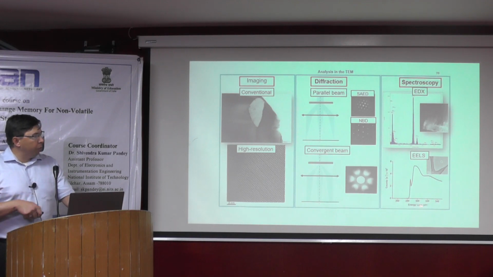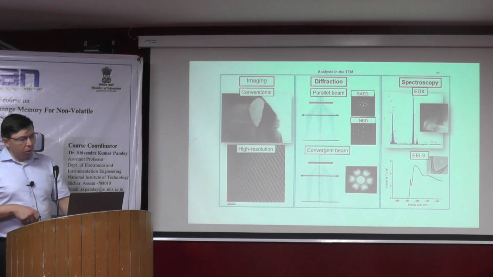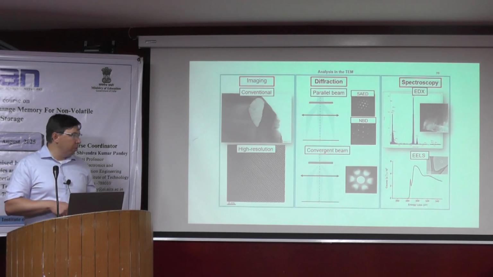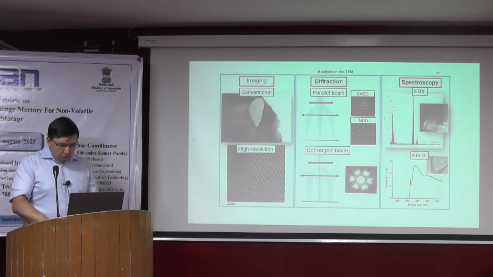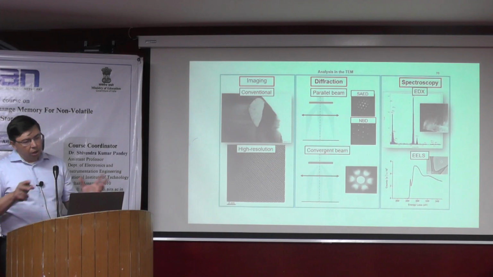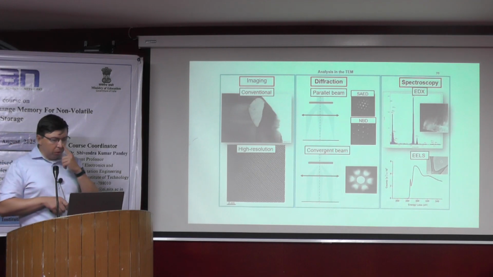So these are both complementary methods in the sense of composition. But from EELS, you can study more. You can extract more information like band gap, surface plasmons, composition. Also oxidation states. This is a very famous technique to distinguish between oxidation states in the material.